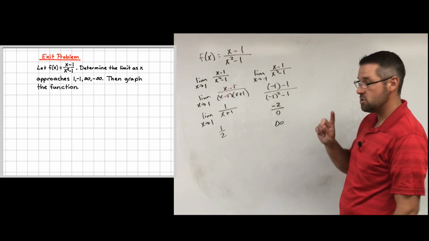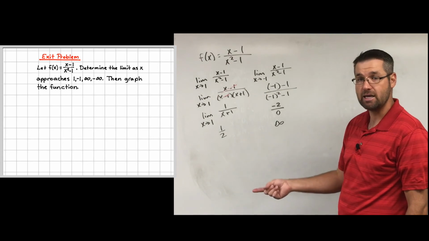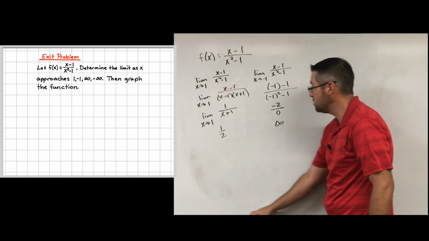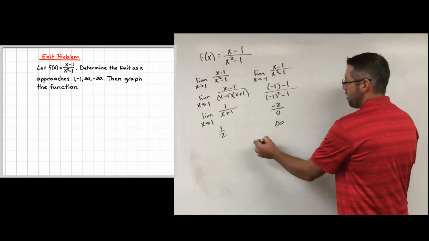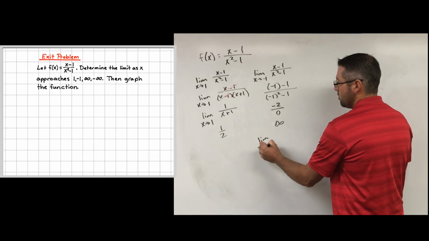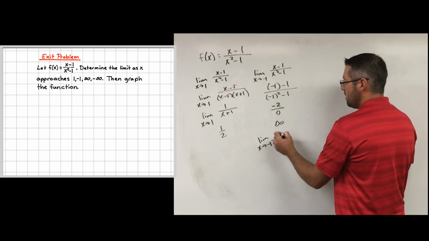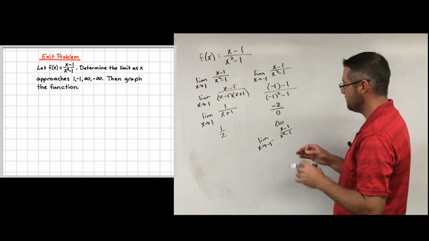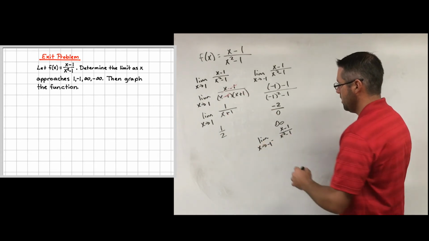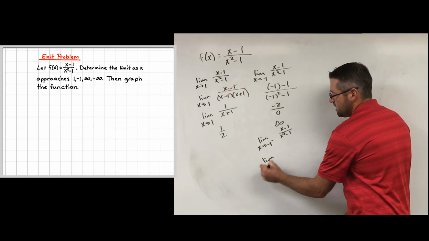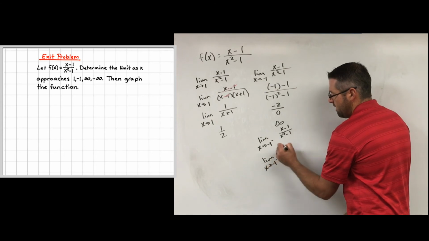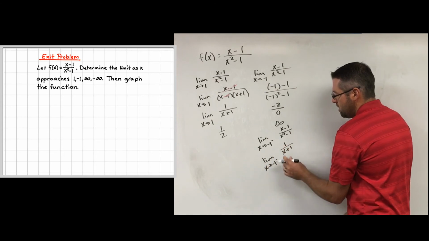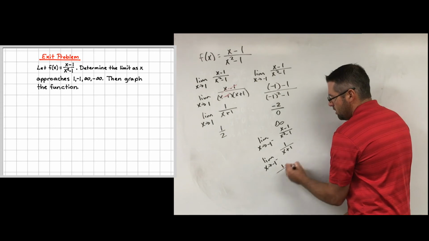But remember, when you talk about infinity, you've got to check signs. So what we're going to do is check our left-hand limit as x approaches negative 1 from the left of x minus 1 over x squared minus 1. And because I'm looking for signs, a quick way of doing that is to go to the reduced form. So we end up with the limit as x approaches negative 1 from the left of 1 over x plus 1, plugging in negative 1 from the left.